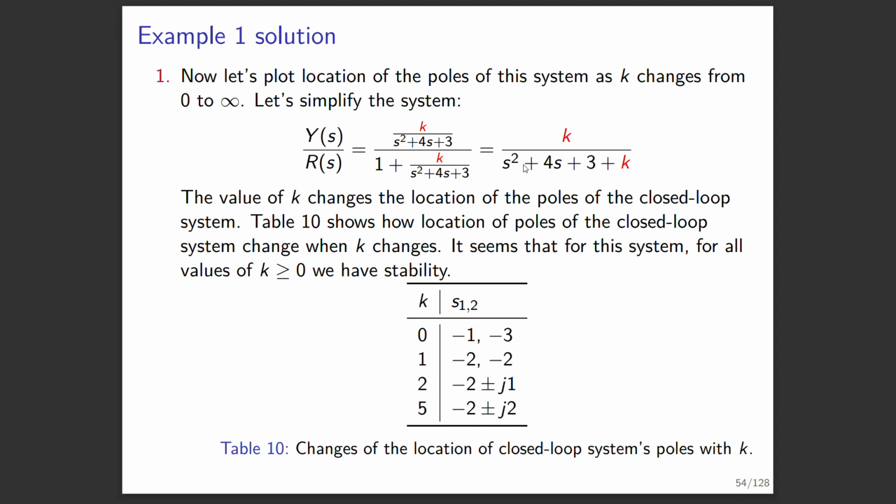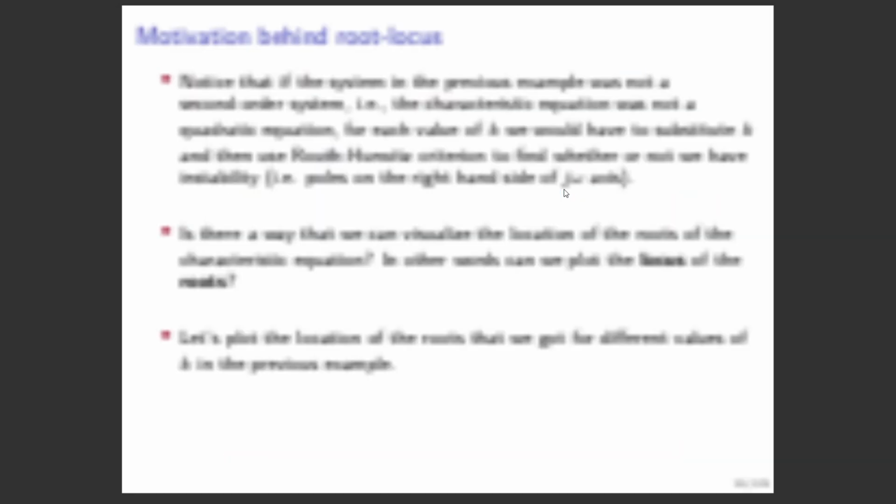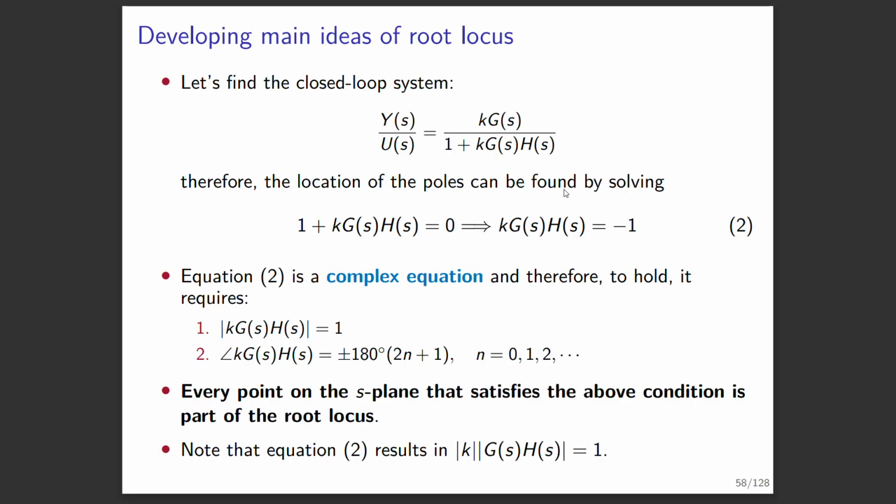So if I look at the entire map, imagine the 2D map, and try all the different locations on the phase plane inside this equation, only s equals to -1 and -3 would make the denominator 0. Okay.